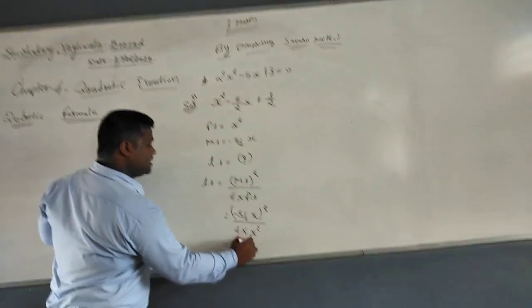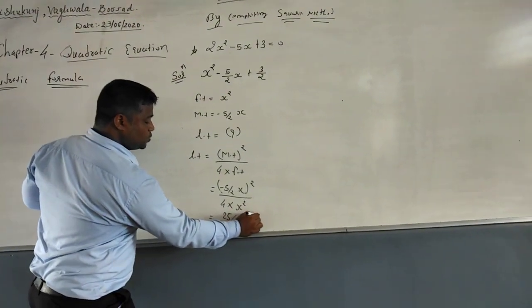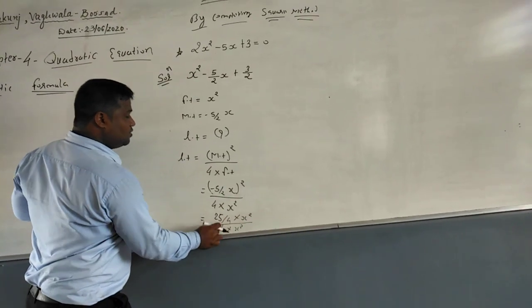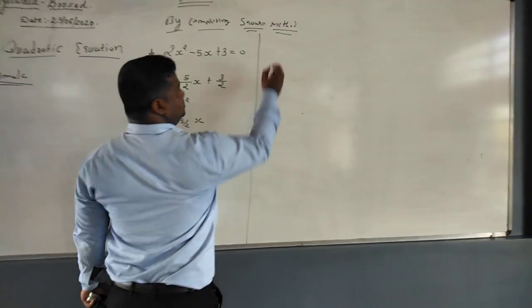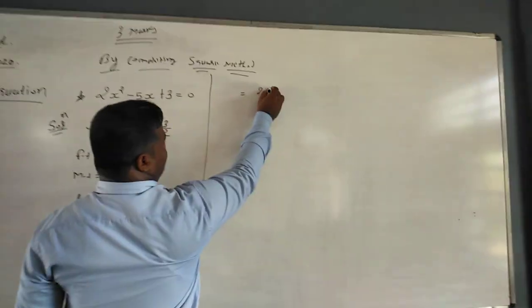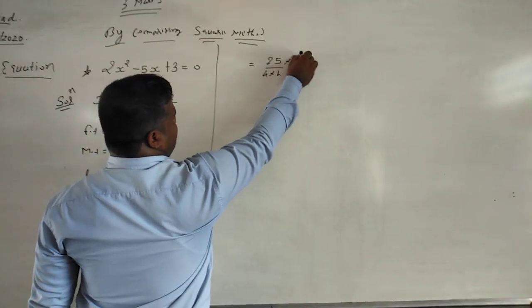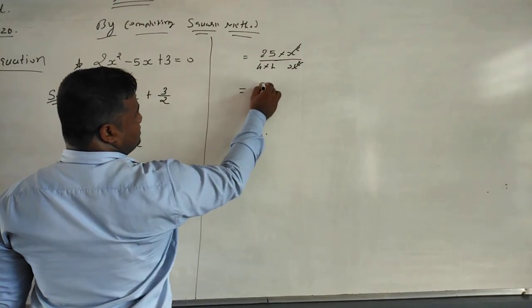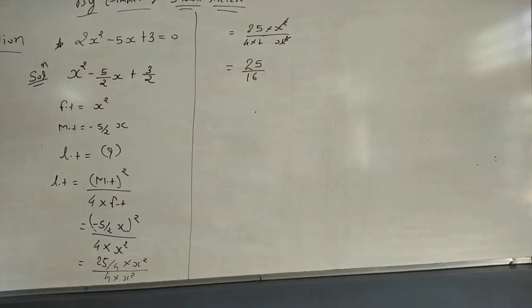Negative, but the square is there, so the negative sign is going to be removed. 25 by 4 into x square, in the denominator 4 into x square. This 4 will come in the denominator, so it's easy for you to understand. 25 by 4 into 4 x square upon x square. x square is going to be cut. So what remains? 25 by 16. This is your last term.